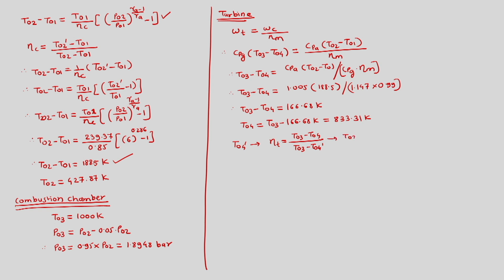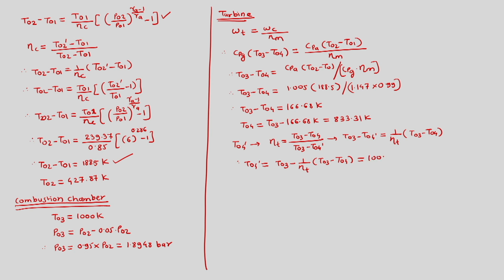So T03 minus T04 is equal to turbine efficiency into (T03 minus T04 dash). So ideal temperature at the outlet of the turbine is equal to T03 minus (1 upon turbine efficiency) into (T03 minus T04).